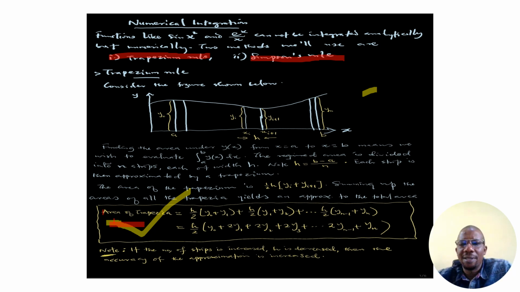This is y, this is x, and this curve is y of x, or y equals f of x, as the case may be. Finding the area under this y of x is actually the integration of this function from x equals a to x equals b, the lower limit a and the upper limit b.